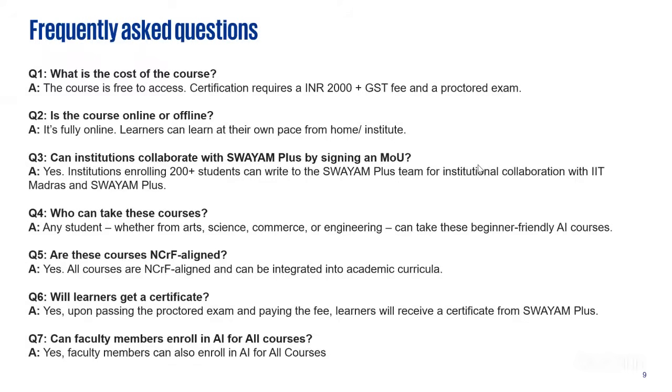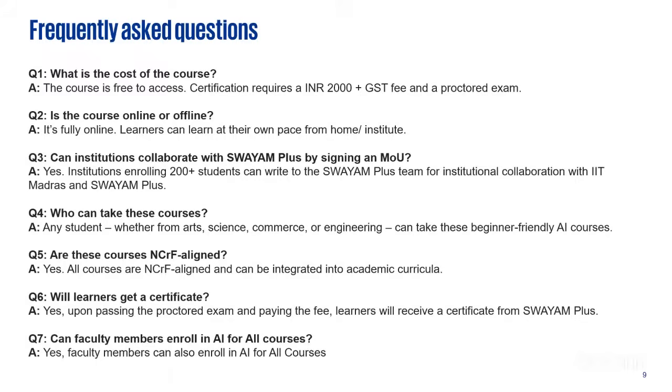The first question: what is the cost of the course? Like we discussed, this is a fully free course to access. If you want to access the course, it is fully free. You can just register on the portal using your details, and you will get login credentials in your email ID. Every learner will have unique login credentials.